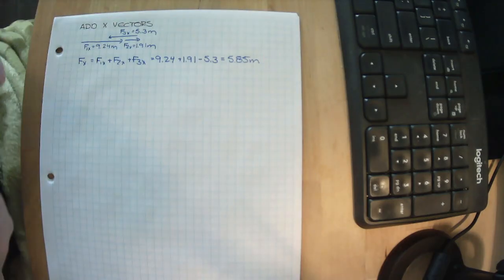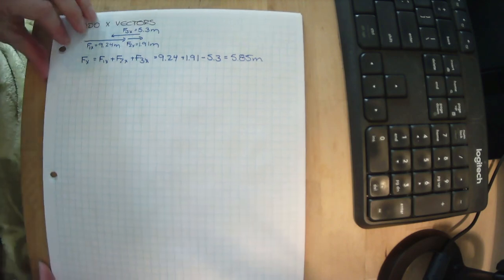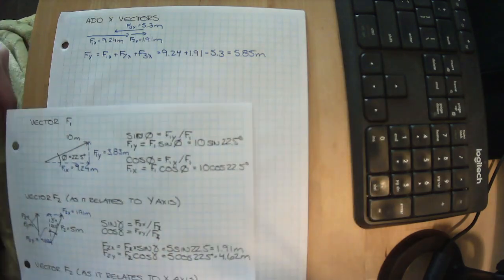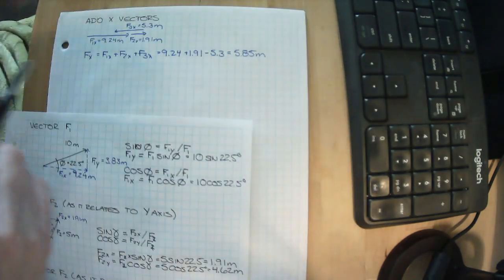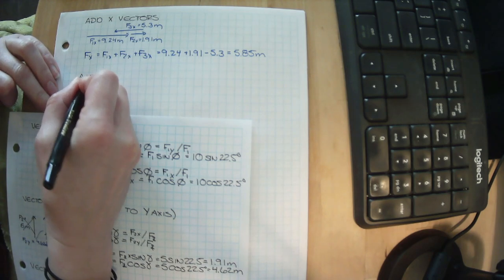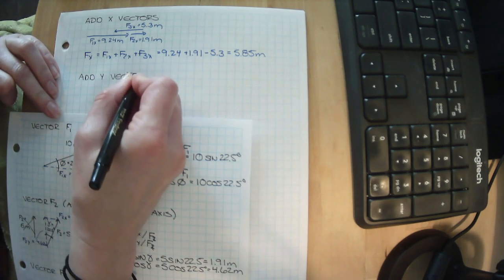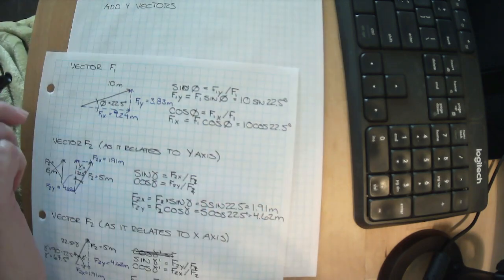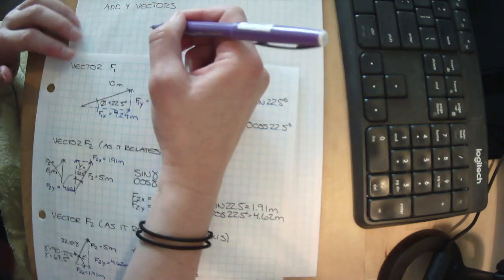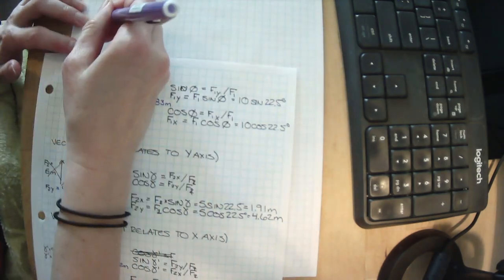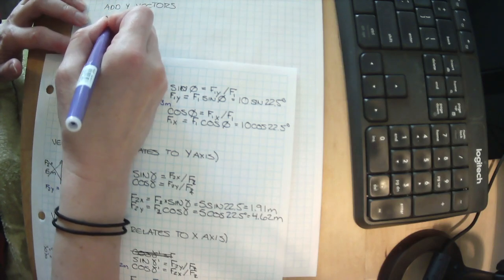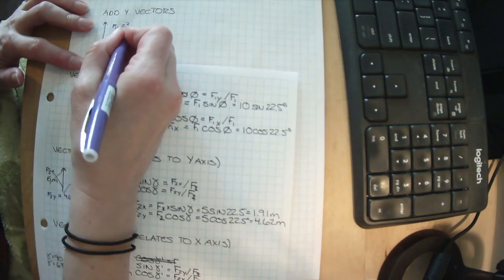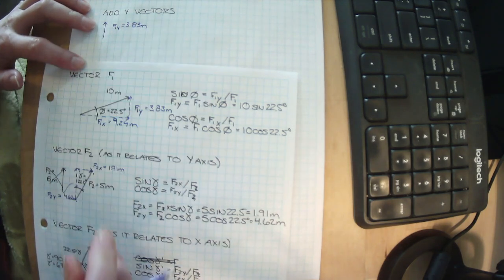Okay, now let's add up our y direction vectors. So let's take a look at our images here. If we're adding up our y vectors, we know we had our very first one, which was not that big. So F1y was 3.83 meters.